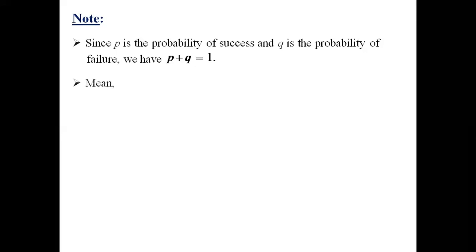Now the mean mu is given by n p and the variance V is given by n p q. Using the basic formulas for discrete probability distributions, we can obtain the mean and variance, where n is the number of trials, p is the probability of success, and q is the probability of failure.